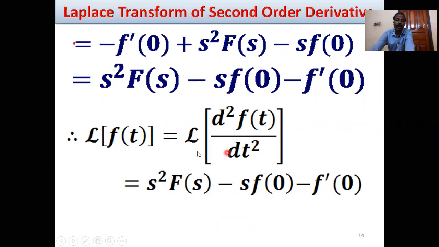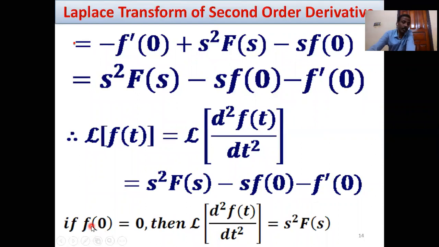This is the second order differentiation for the Laplace transform. If all initial conditions are zero, that means f(0) equals 0, then the Laplace transform of d2f by dt2 equals s square F(s).